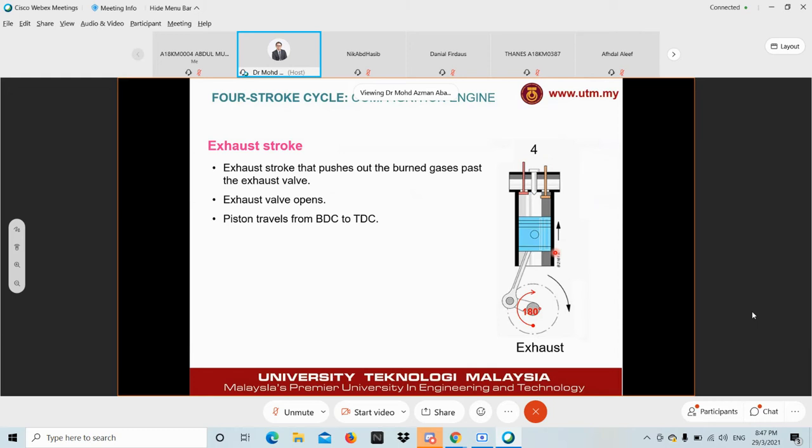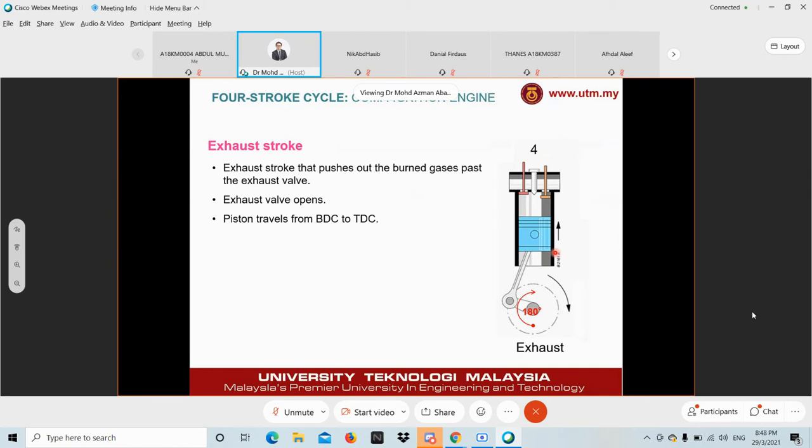As in the SI engine, the piston moves from BDC to TDC and pushes out all the burnt gases through the exhaust valve. The exhaust valve, of course, needs to be open, because otherwise the gas cannot go anywhere. The crank rotation is 180 degrees.